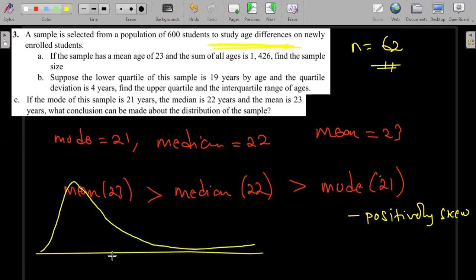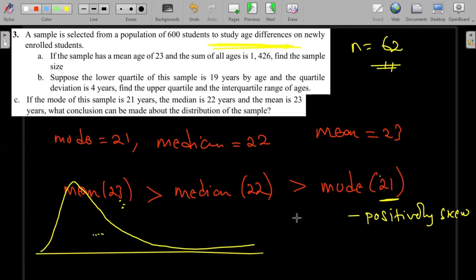It means a lot of the young ages are on this side, so that's where you have your mode. A lot are on the side of the lower age, and then we just have a few individuals that are older. No wonder the mean is pulled up. The mean is 23 there. If the mean is big, it will affect the distribution. So this is positively skewed.